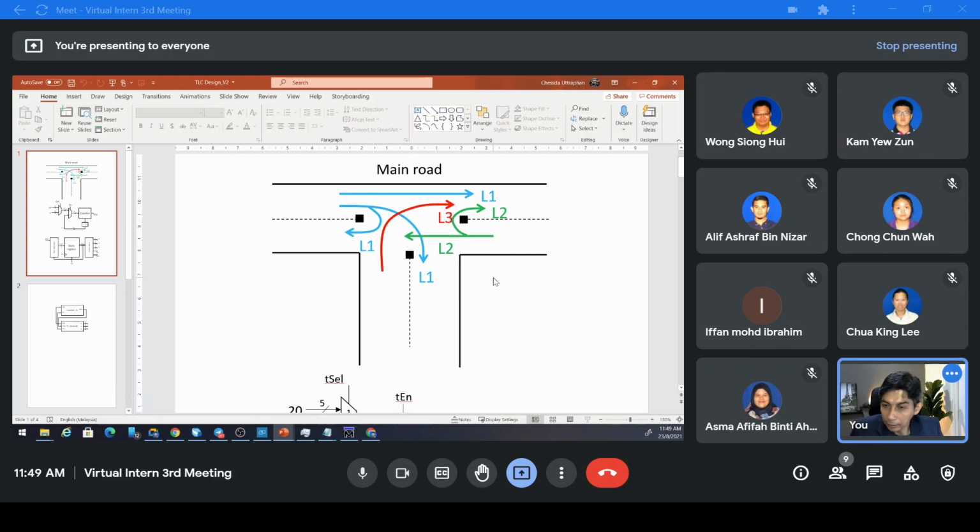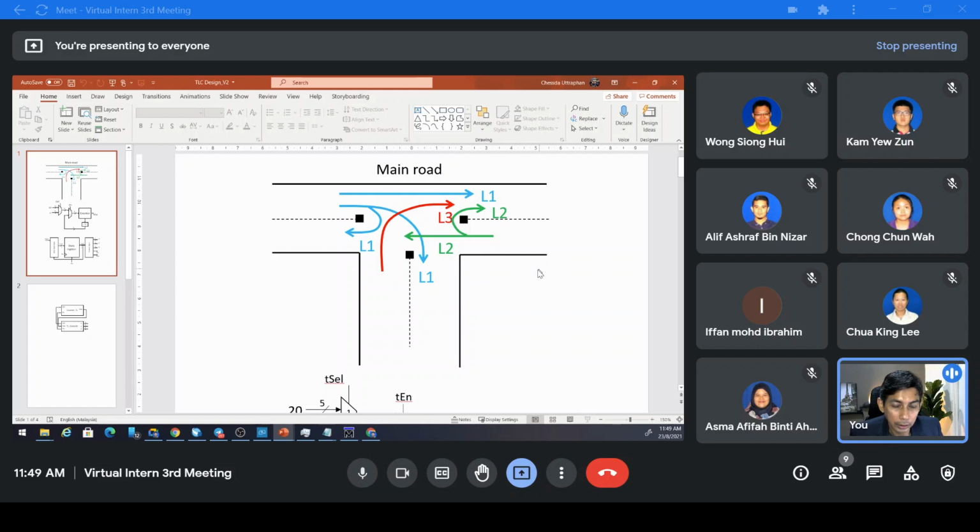But using FPGA is very feasible because FPGA can create a very complicated circuit. Even you can create a microprocessor using FPGA.